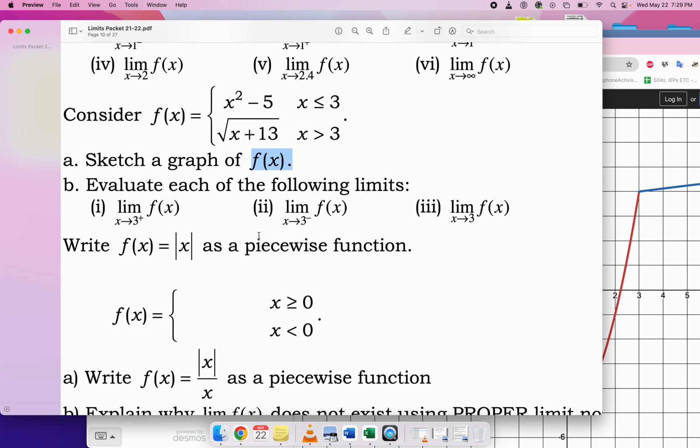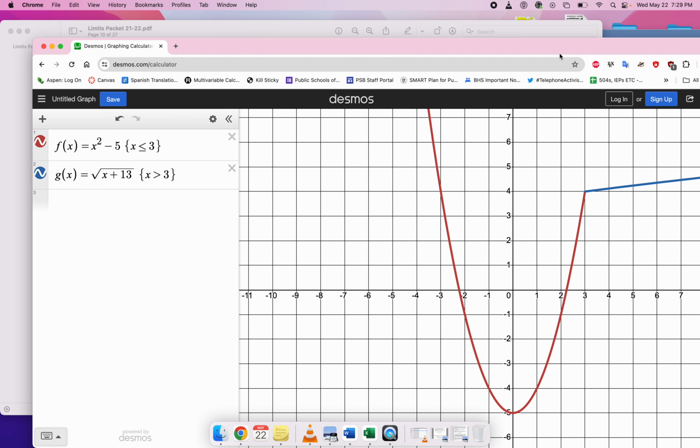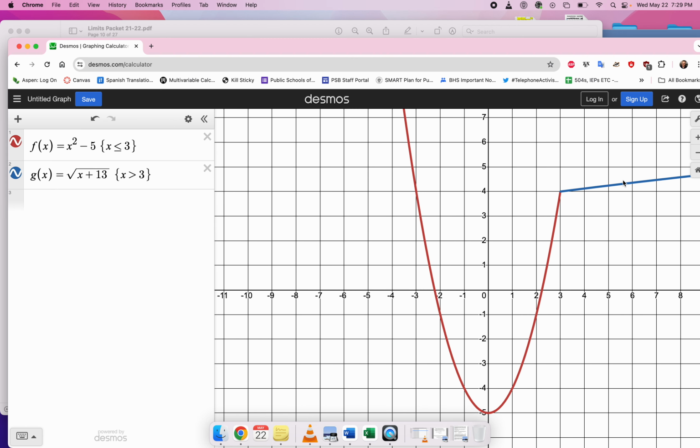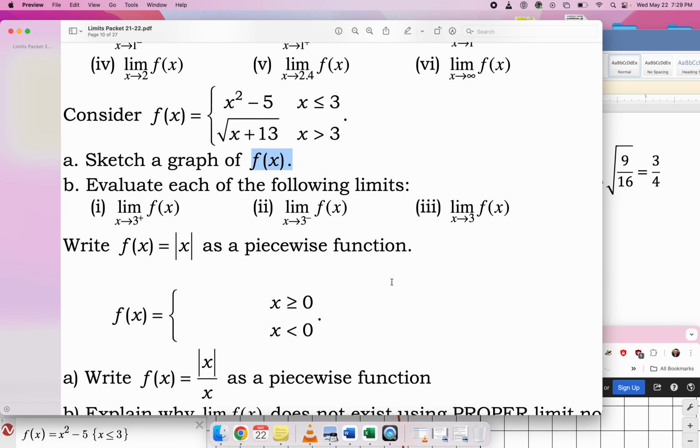Let's evaluate each of the following limits. What is the limit as x approaches 3 from the right? Well, if you have the graph in front of you, then it's very clear that as you approach 3 from the right, the value of the function is approaching 4. But the way that you would do that algebraically without consulting the graph is you would say, as x approaches 3 from the right, that means that x is greater than 3, which means that you'll be considering this region.